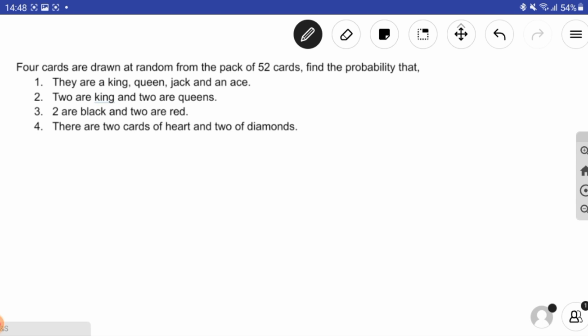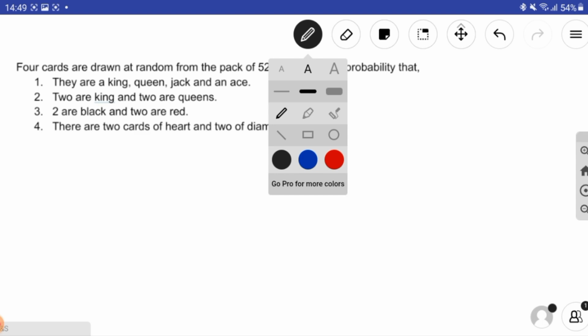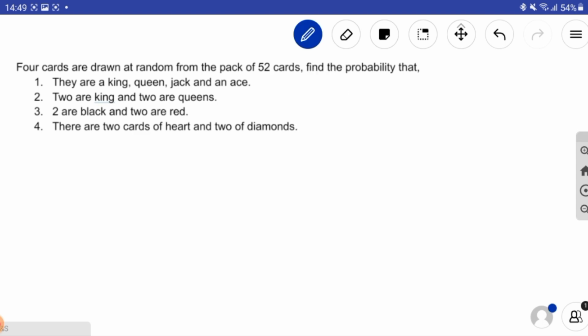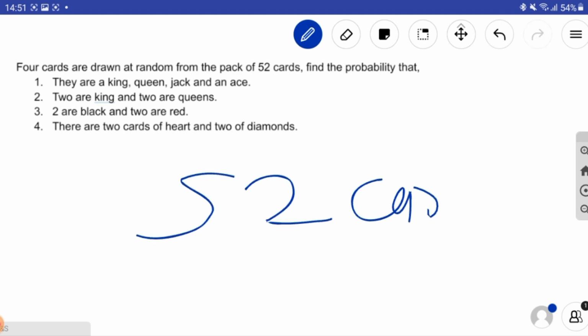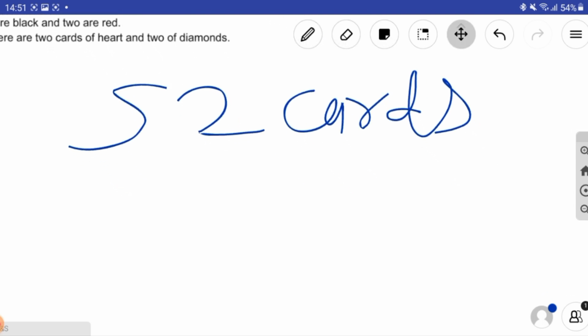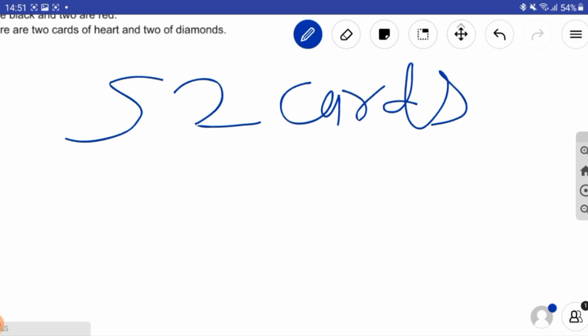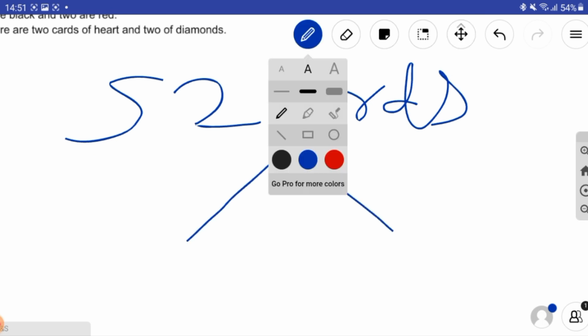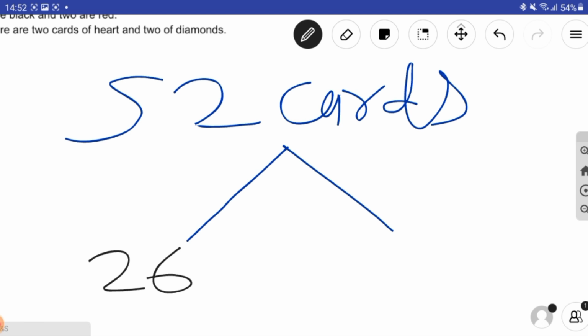Before we go ahead, I want to explain to you about the number of cards and type of cards. There are total 52 cards in a pack of cards, and 26 are black cards and 26 are red cards.